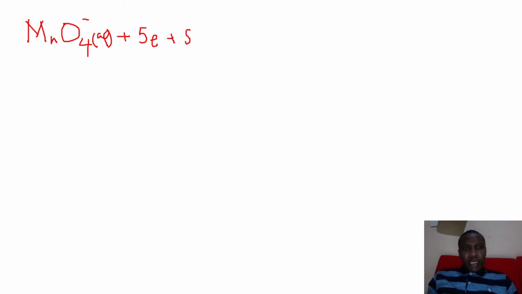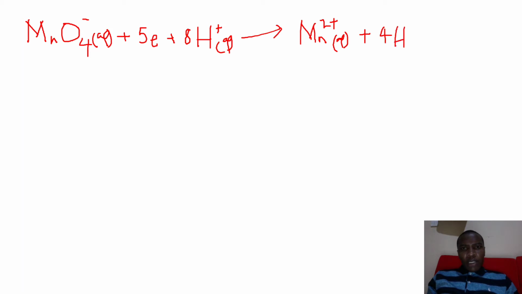And then we have 8 hydrogen ions. And the oxidizing agent will always get reduced, giving us, in this case, manganese 2 ions in solution. And we have 4 moles of water. That is our first half equation.